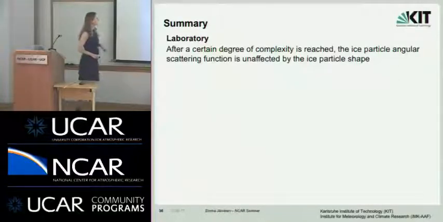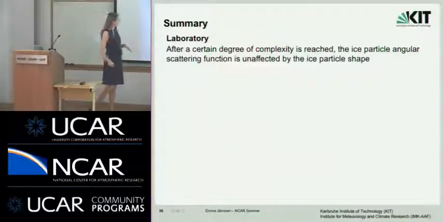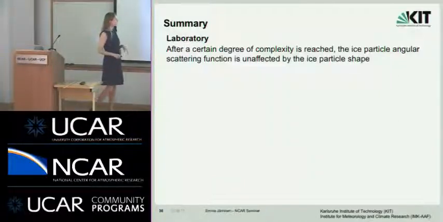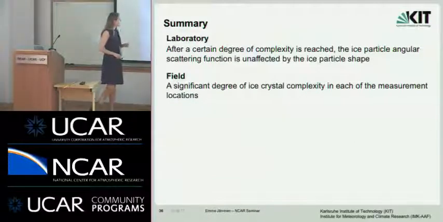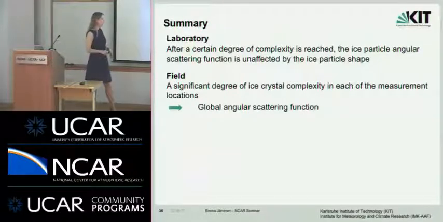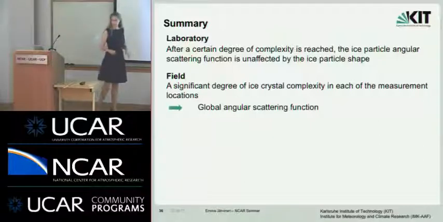So then to go to the summary. We investigated the ice crystal complexity in the laboratory, where we showed that the ice particle angular scattering function is independent of the ice crystal shape. We also did field studies where we found that all over the globe we have a significant degree of ice crystal complexity, which led to what I call a global angular scattering function.